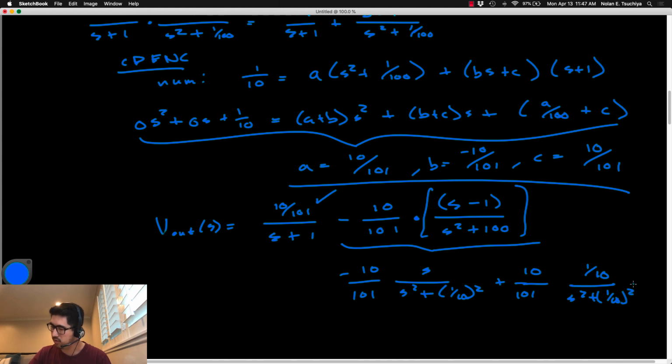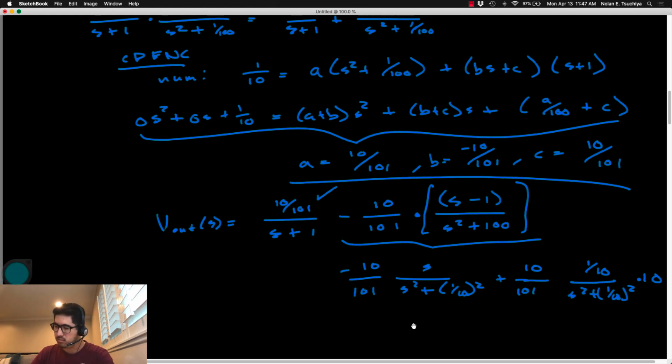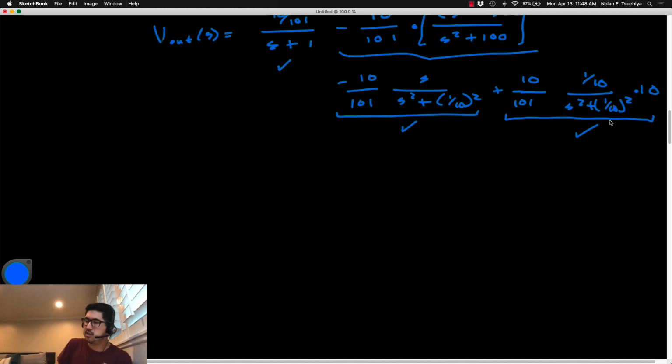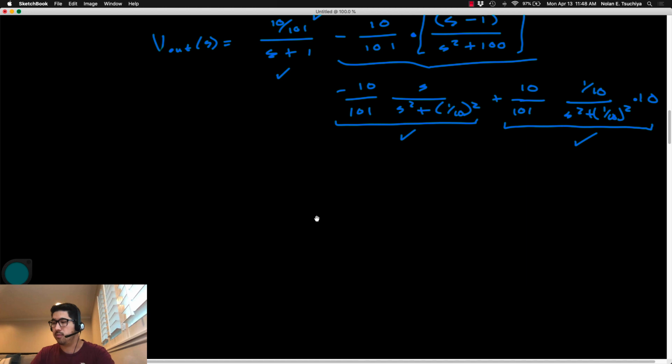Because we factored out that 1/10, we need to multiply by 10 on the outside. So we need to take the inverse Laplace of these, which is easy now because all of those terms are in a form that appears on the Laplace table.